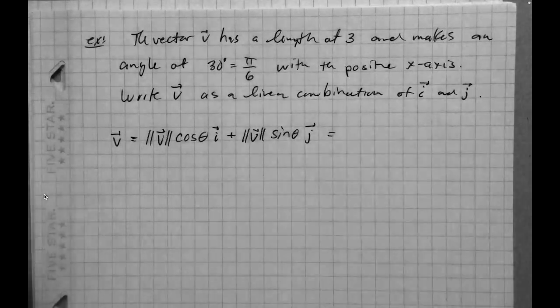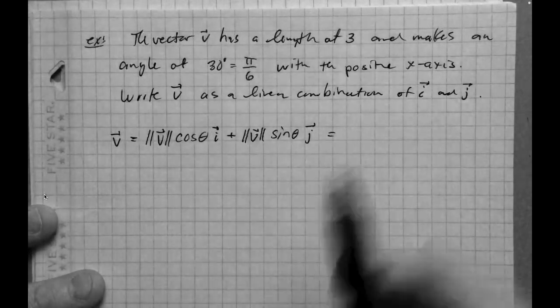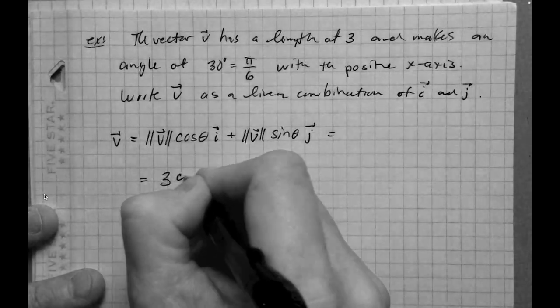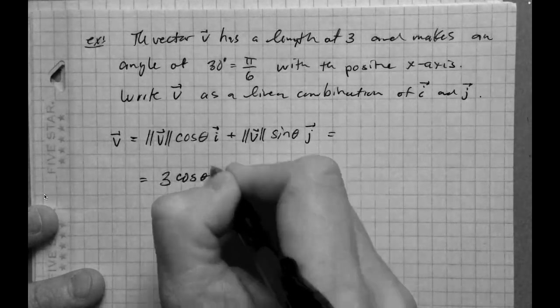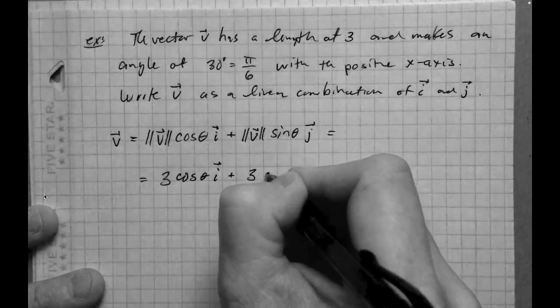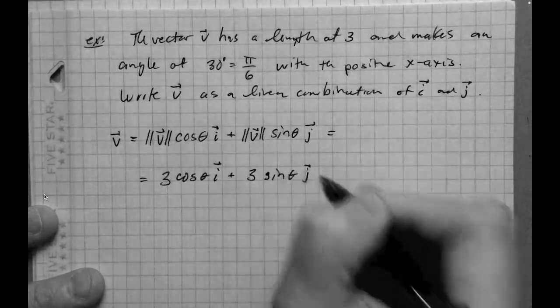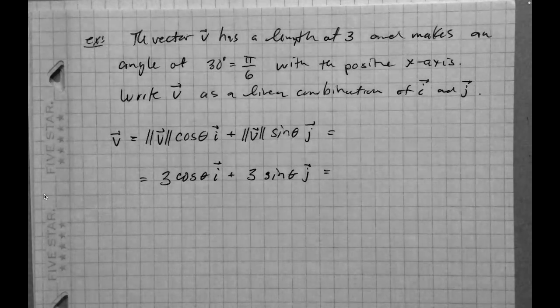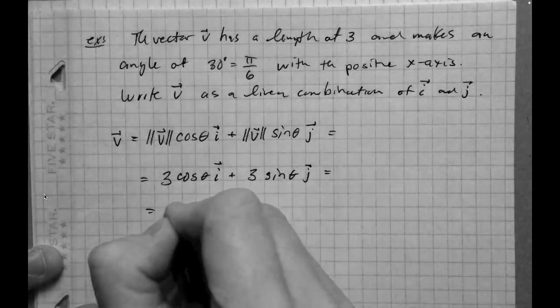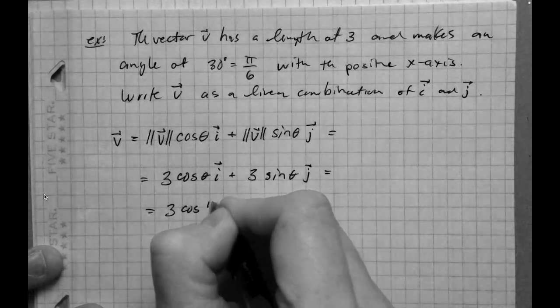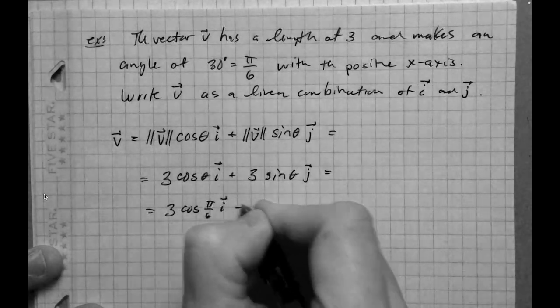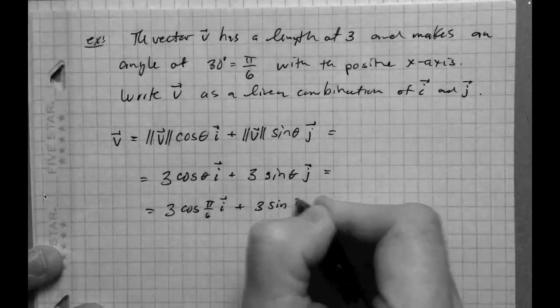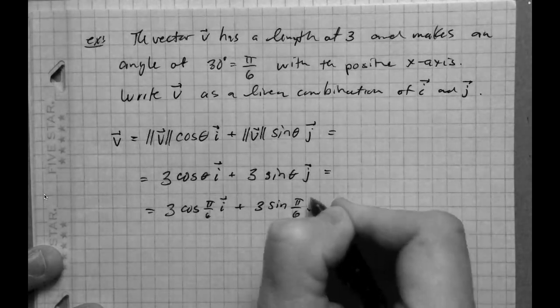Okay, so what's the norm of v? Well, we're told that it has a length of 3. So this is equal to 3 cos theta I plus 3 sine theta j. And we're told what theta is. It's pi over 6. So this is 3 times the cosine of pi over 6 I plus 3 times the sine of pi over 6 times j.